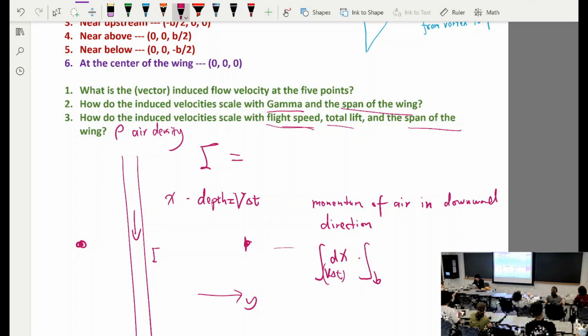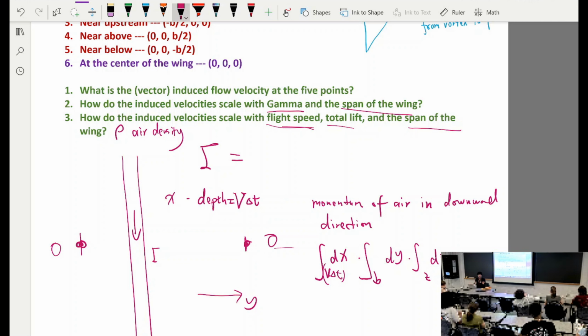Because outside of this, I get a 0, and the integration in the y direction, dy, and the integration in the z direction, dz, times how much momentum per volume I have. What is momentum per volume? Momentum is mass times velocity.